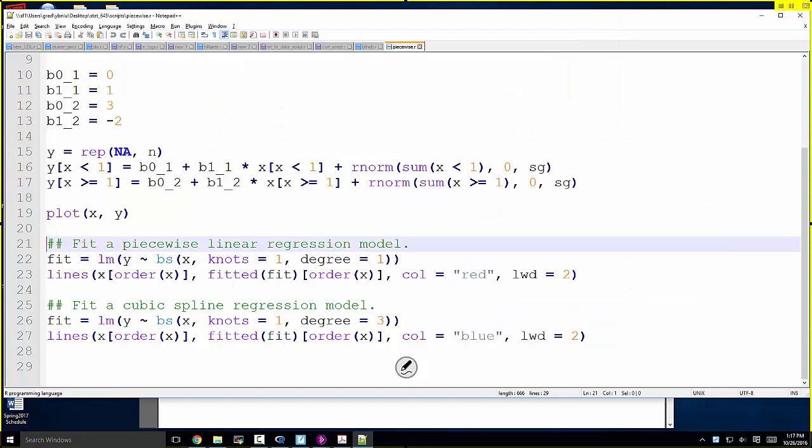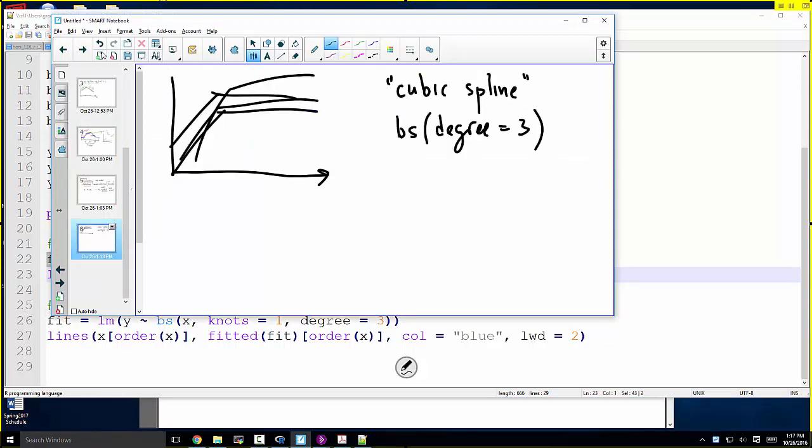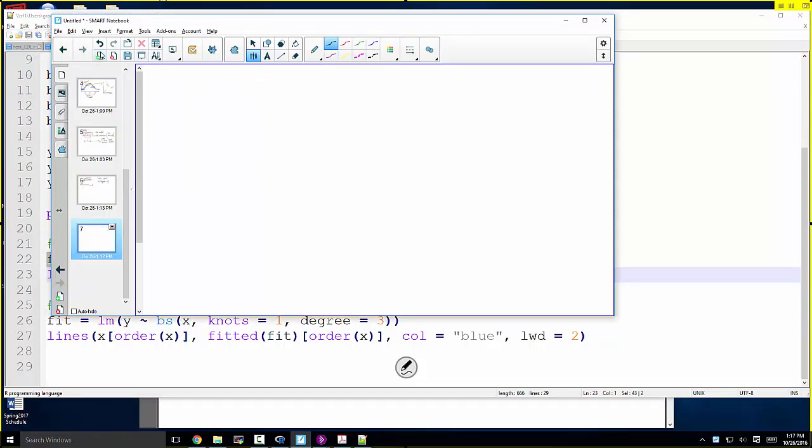So let's see how we can use these splines. I'm going to do linear regression, LM, and we've seen model matrices or design matrices. We've said in our early regression coverage that we can write a regression model like y equals X beta plus epsilon, where X is called a design matrix or model matrix.